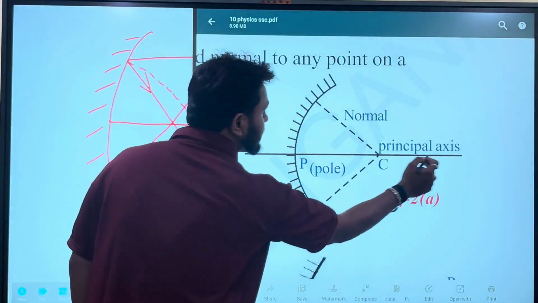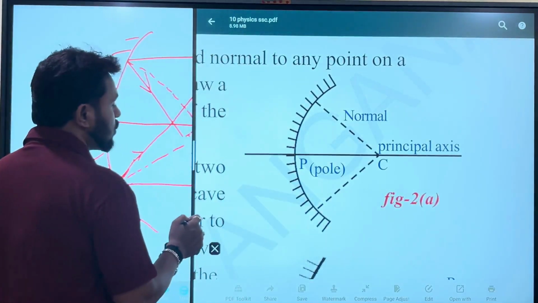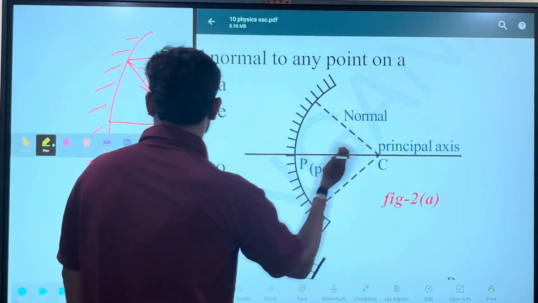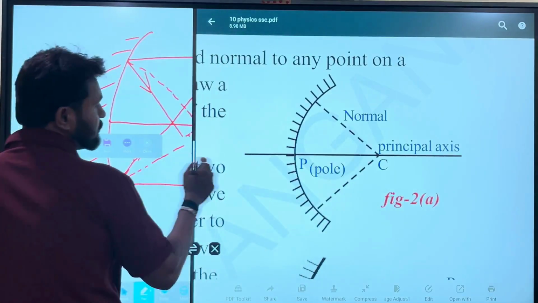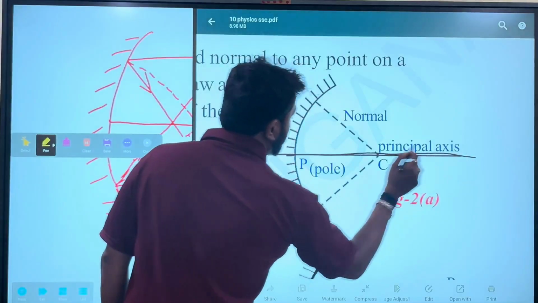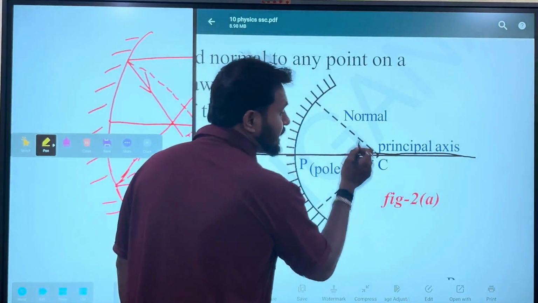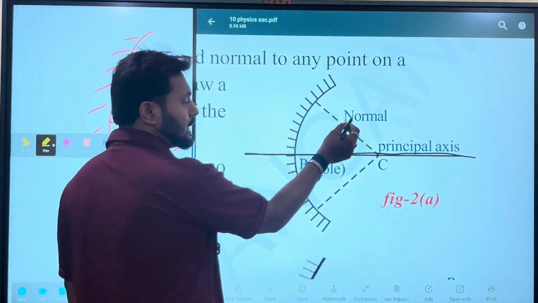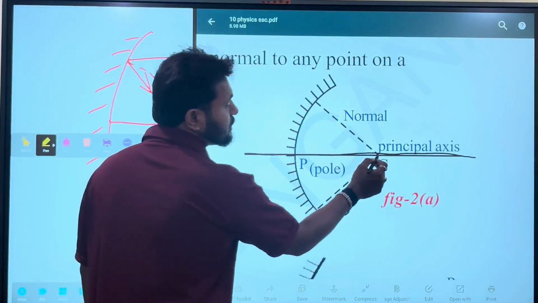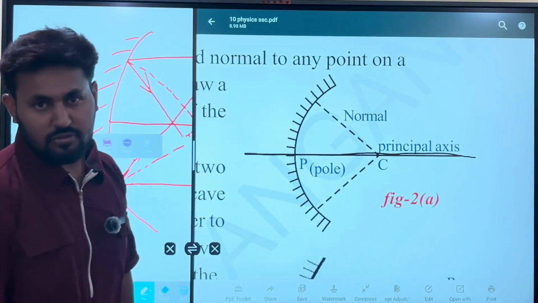This line, the big line that you can see, is called the principal axis. This horizontal line, which has been drawn from the center of the mirror, contains all the 3 points that you have, that is the normal, the pole and the center of curvature. This line is called the principal axis.